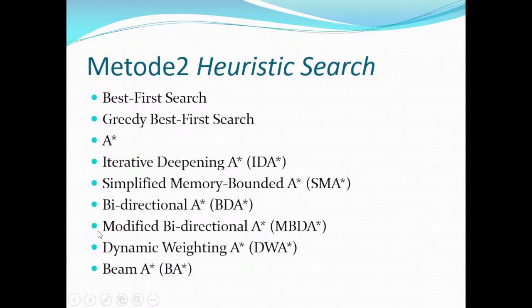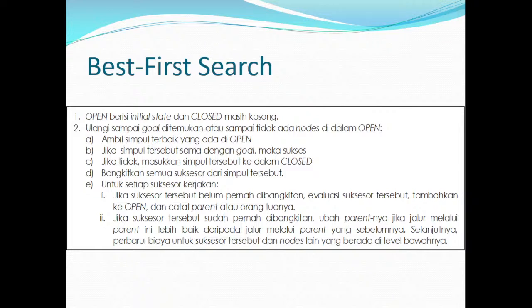Then there are the modified bidirectional A star and other developments of the A star algorithm. I never learned about the modified bidirectional A star, dynamic weighting A star, and beam A star. So if you would like to know more about them, you can search for them on the internet.